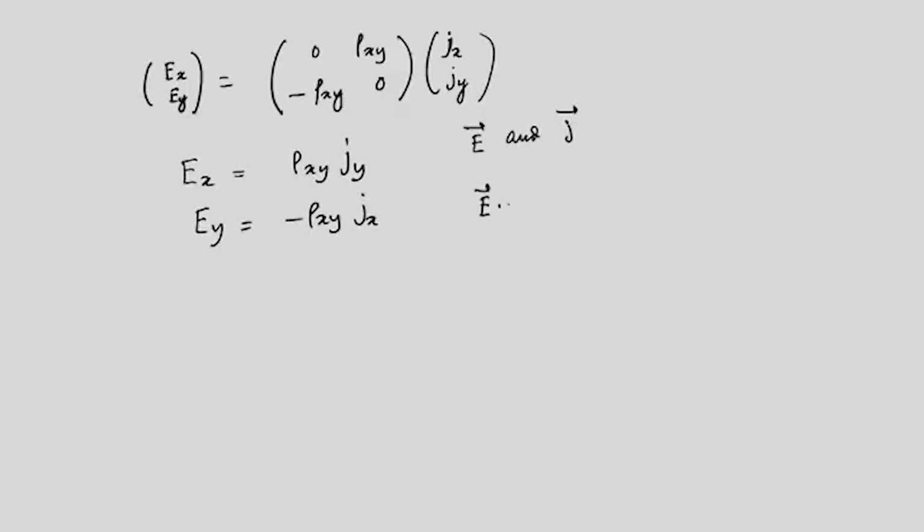So that tells you that J dot E is equal to 0, and if you remember, J dot E is actually the work done that accelerates the charges.